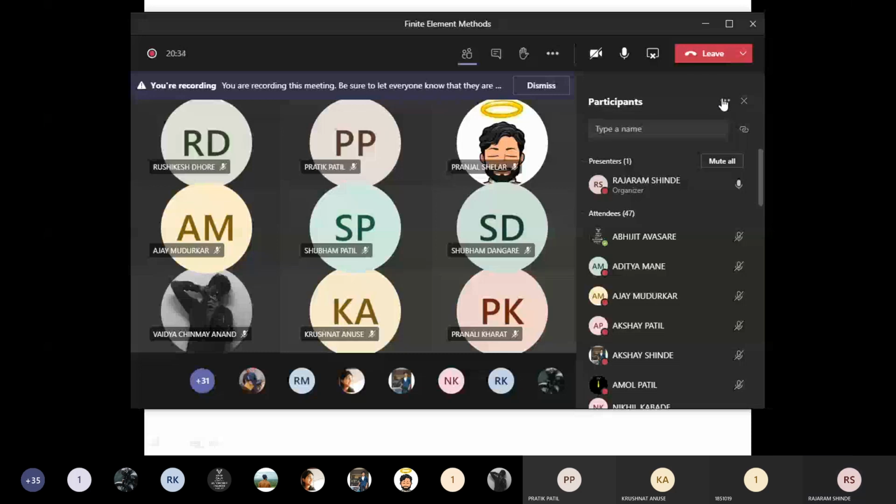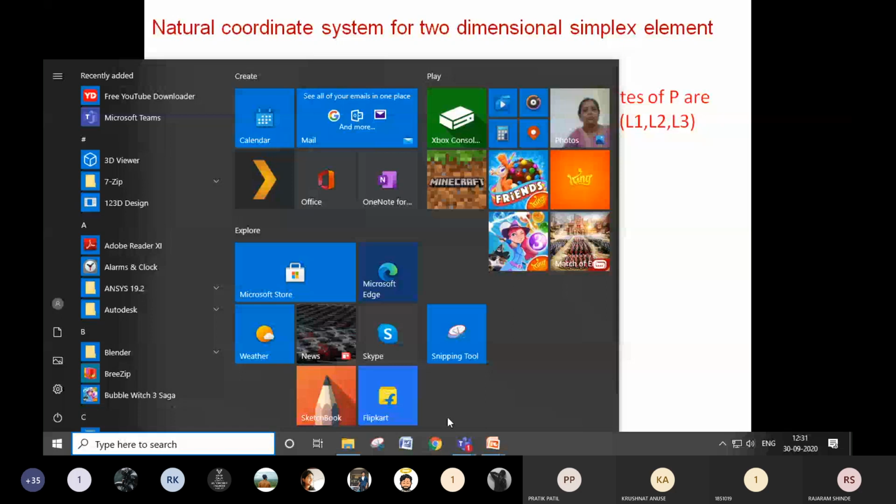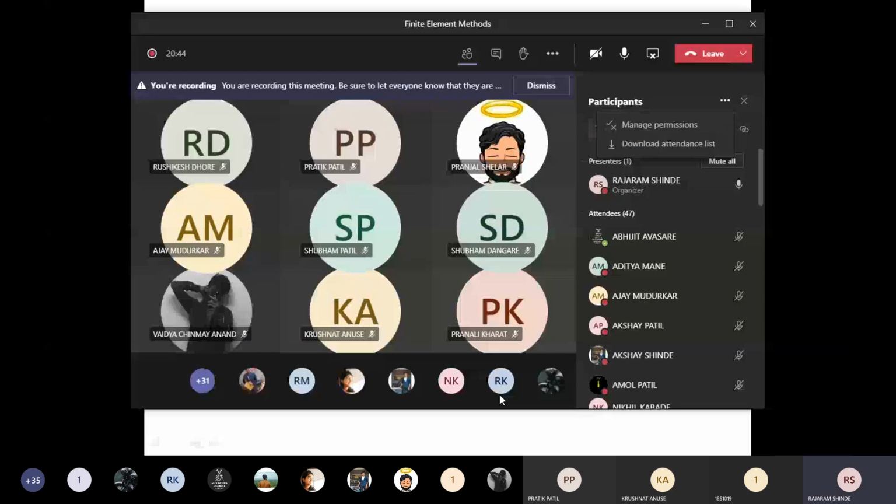Rishikesh Dore. Can you hear me? Akshay Patil. Yes, sir. Where is Rishikesh Dore? Hello. Can you explain this? Have you got it? Yes, sir. Can you explain it?